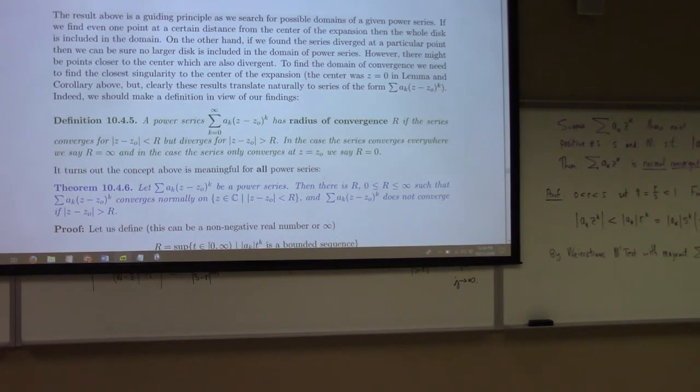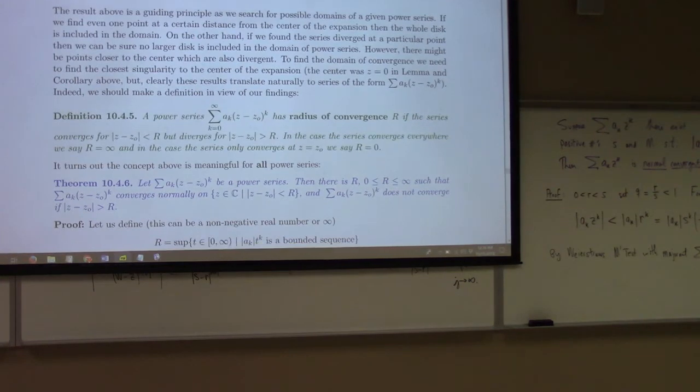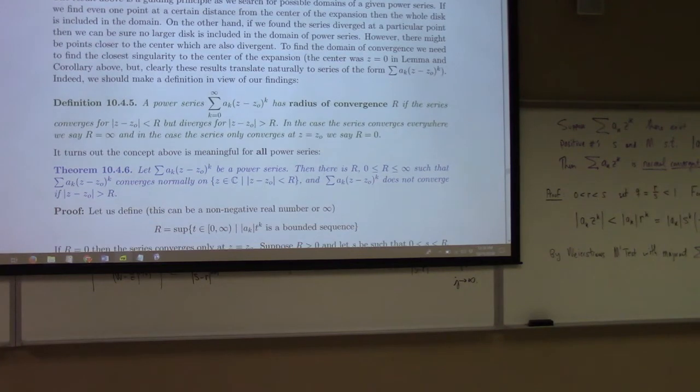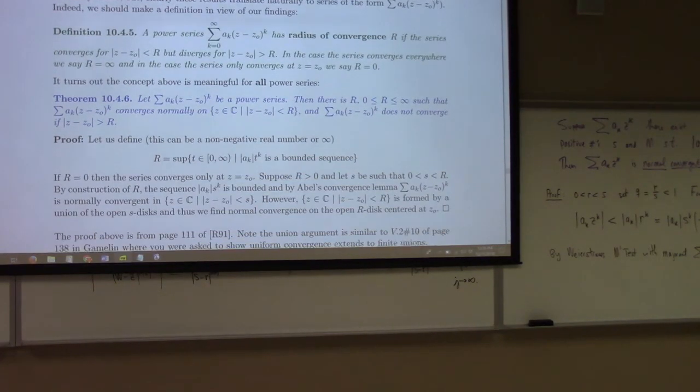And it does not converge if we're outside that disk. So in other words, the radius of convergence is just what it sounds like, but it's a little bit more than that, because it really should be the radius of normal convergence. Because we don't just get plain old pointwise convergence of a power series. We actually get uniform convergence on any closed subdisk of the disk of convergence.